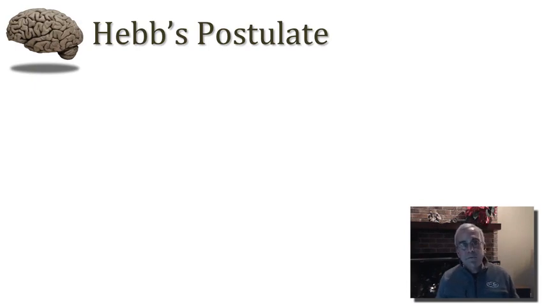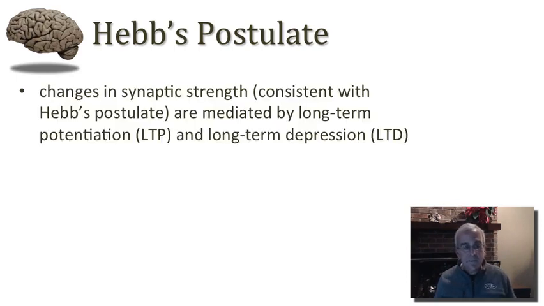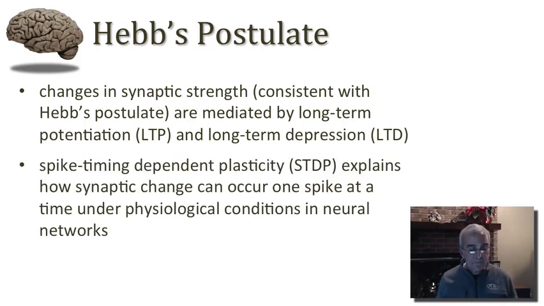Now, Hebb's postulate really is not a departure from what we've been talking about so far in our tutorials on synaptic plasticity. The changes in synaptic strength that Hebb could only imagine in his day, and that we now speak of in these terms, are long-term potentiation and long-term depression. So LTP and LTD would be the logical consequences of the coordination or incoordination of activity that Hebb postulated.